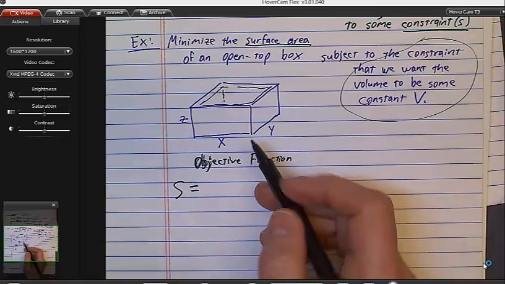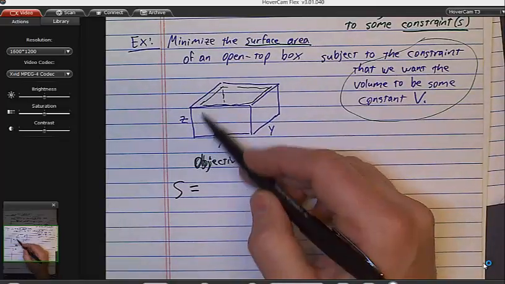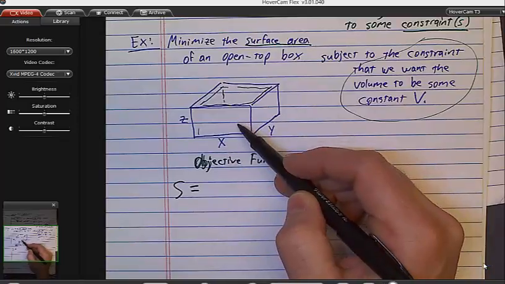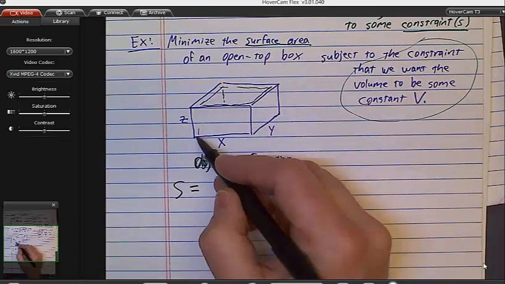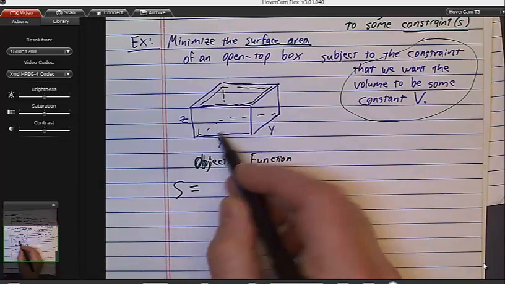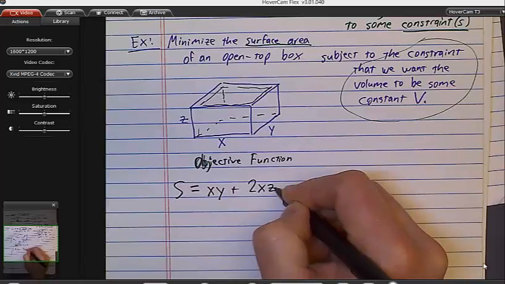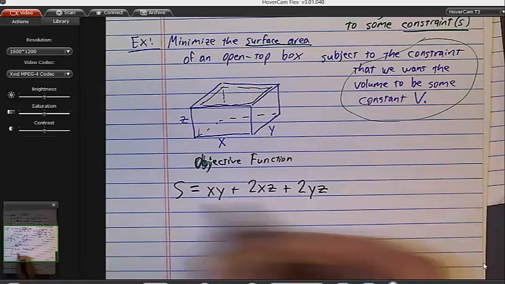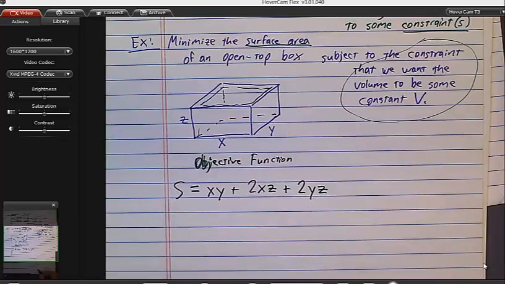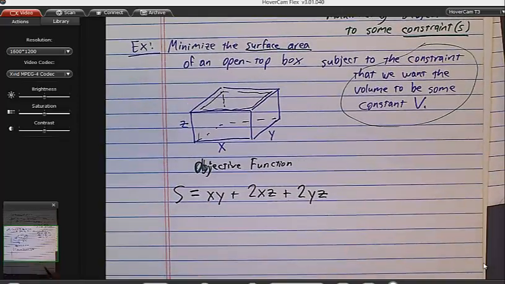Yeah, I mean, we have different size pieces, right? Like the front is xz, and the back is xz. The bottom is xy. So you could say it's xy plus 2xz plus 2yz. There's my surface area, right? The only reason there's not a 2 there is because there's no top.